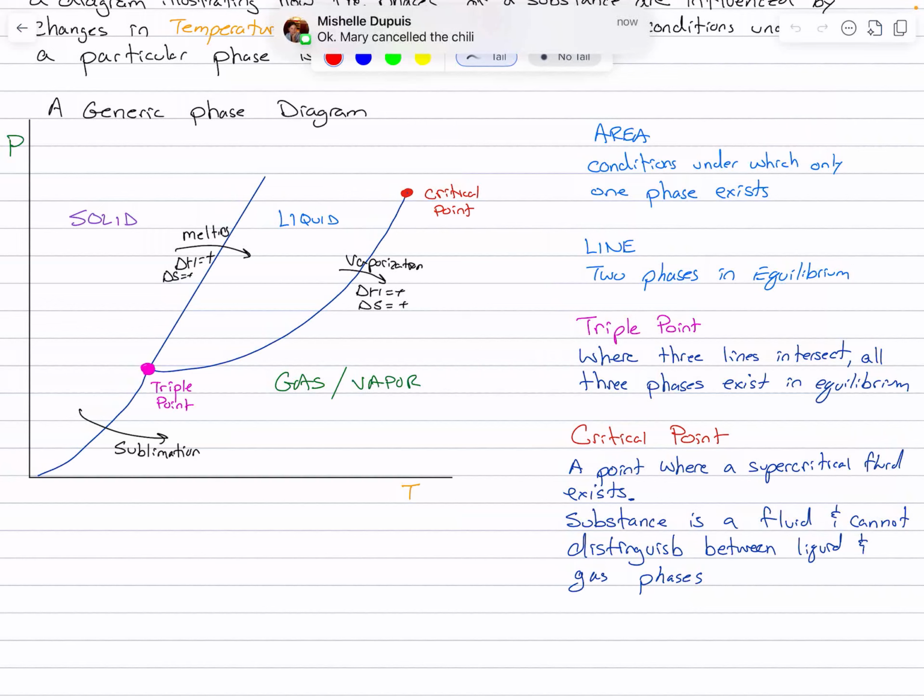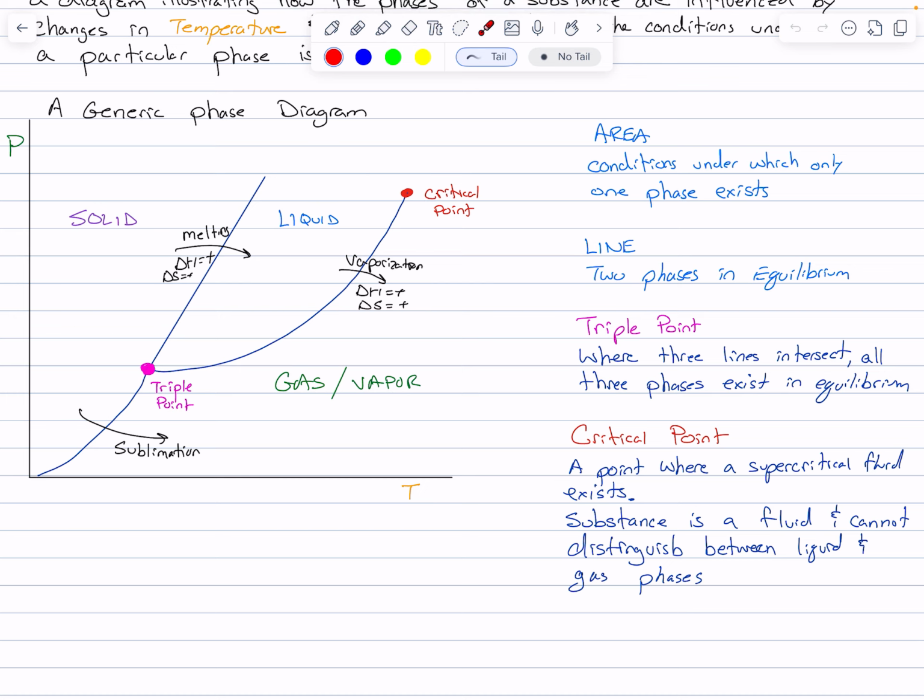You can't tell the liquid from the gas anymore. It just becomes a fluid, a liquid-gas fluid. Now, typically they're at higher temperatures and/or pressures, and so we don't deal with that much in the lab. You're definitely not going to deal with this at home, but they exist.